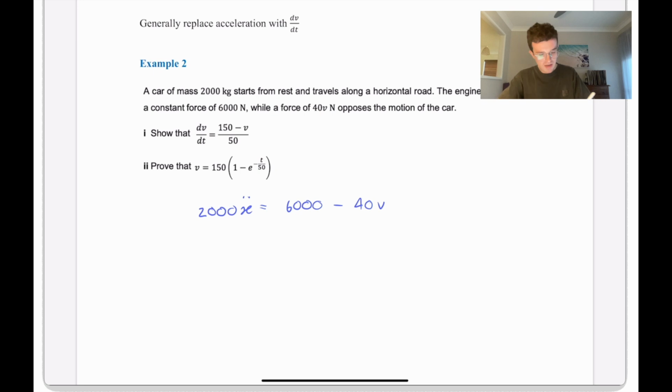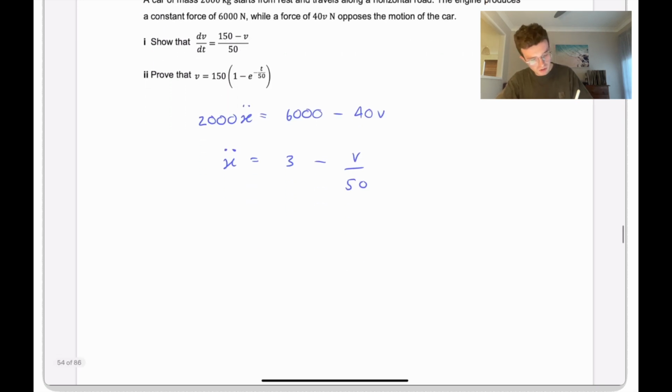Okay, let's divide both sides by 2,000, so x double dot is 6,000 divided by 2,000, which is 3, minus 40v on 2,000, which is v on 50. Multiply up, get a common denominator, we're going to get 150 minus v on 50. And x double dot is another way of saying dv/dt.